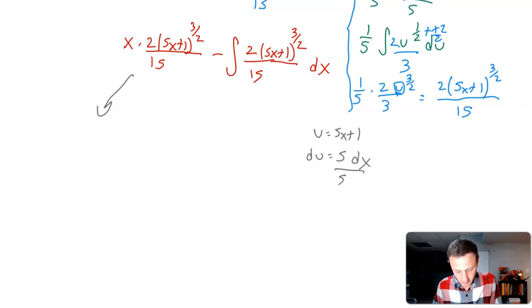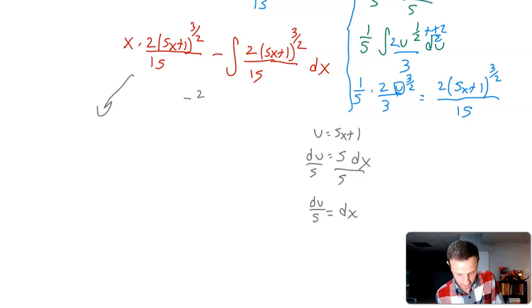So again, we're dividing by 5. Same thing that happened before. So du over 5 is equal to dx. So I'm going to take out a 5 along with that. Trying to decide how to make this as clear as I can. So here's what I'm going to do.